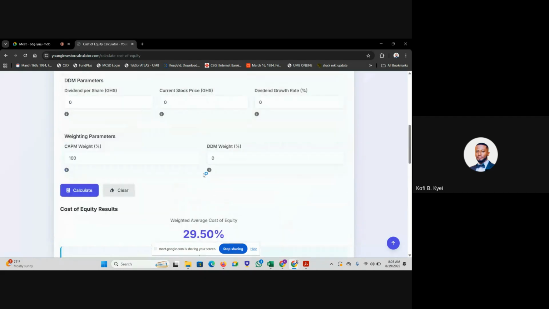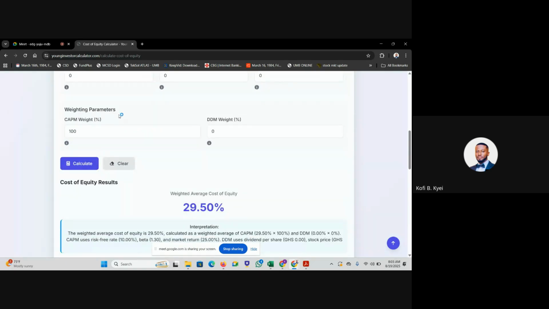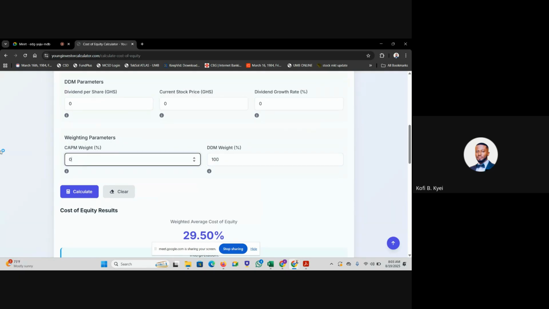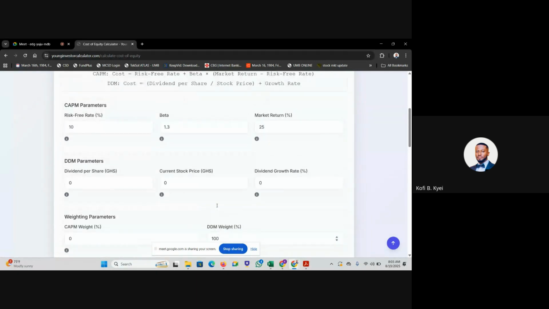If you want to fully use the DDM parameters, you put 100 here and 0 there. Let's see how it will be. Because only CAPM has figures, the weighted average comes to 0, so you need to put some figures in the DDM.